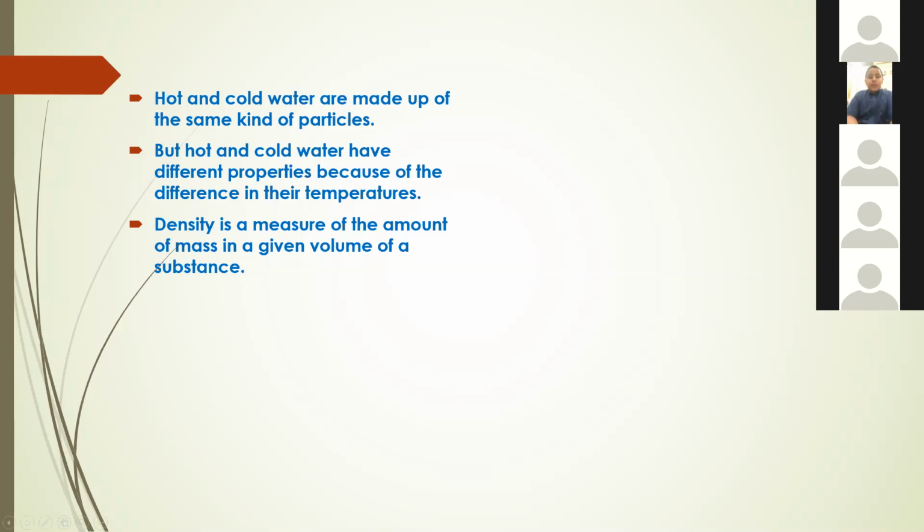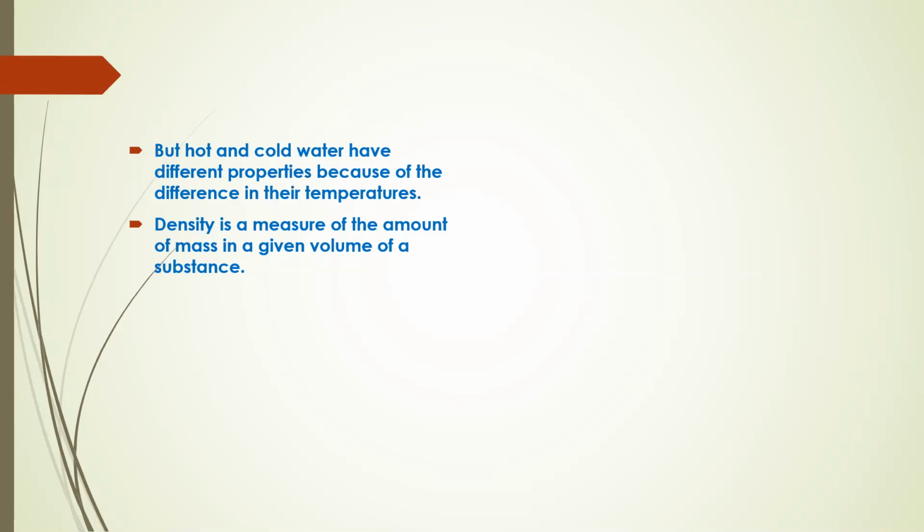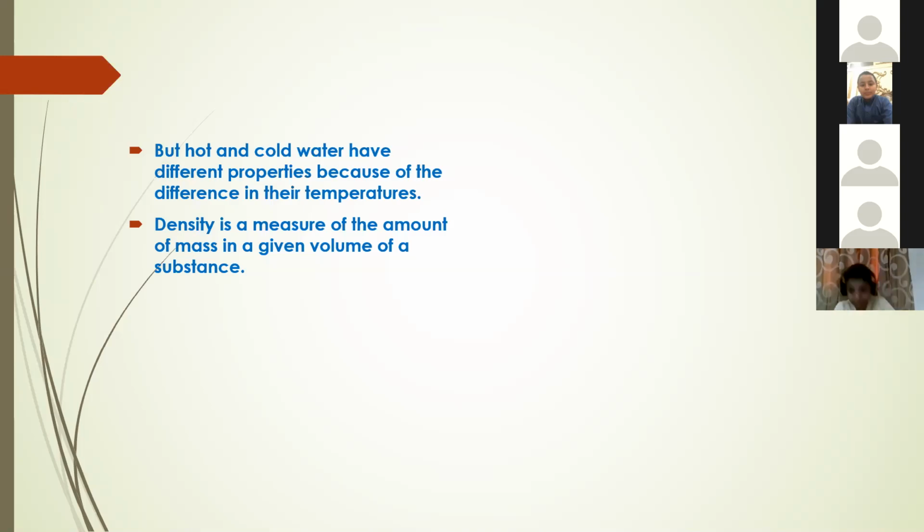Now let's look at the density. Hot water and cold water have different properties because of the differences in their temperature. Density is a measure of the amount of mass in a given volume of substance.